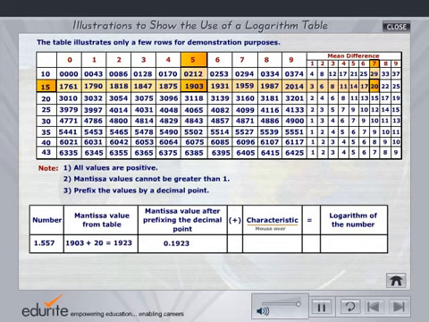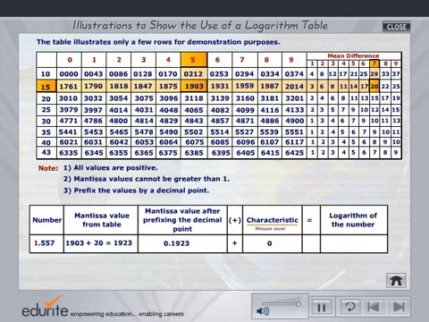Since the Mantissa cannot be greater than 1, prefix a decimal point before the value. Now the Mantissa is equal to 0.1923.